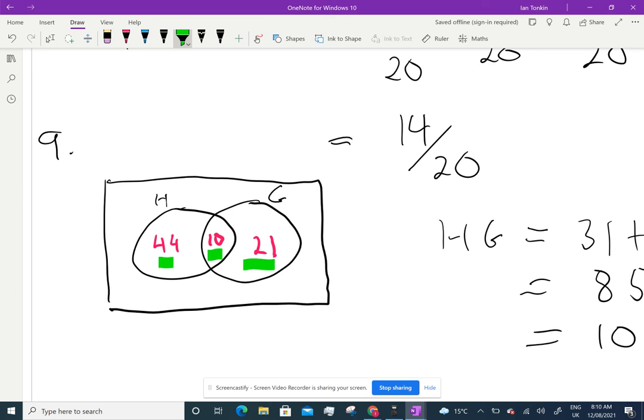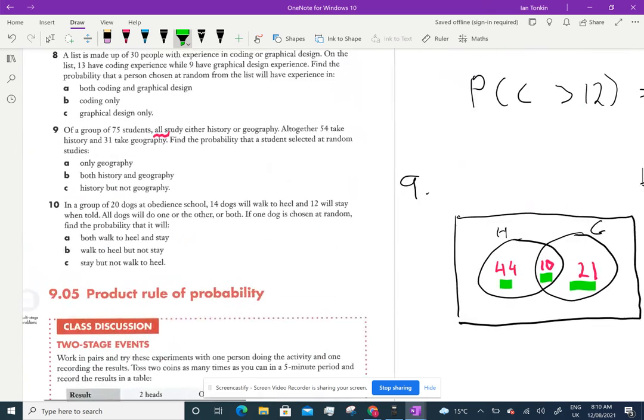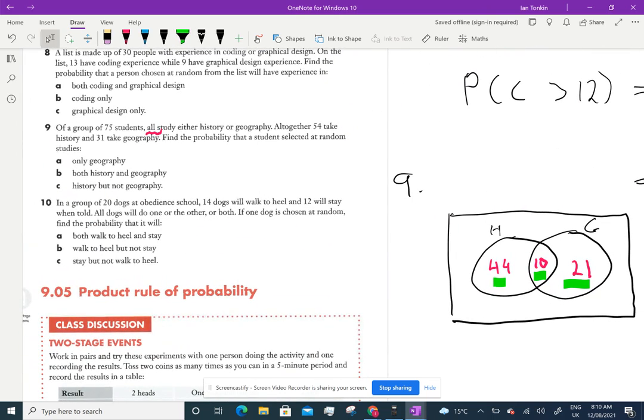And 44 plus 10 is 54, plus 21, 75. There are my number of students, and then you can answer the questions. So question 9, it was a good way to actually go through and create that Venn diagram.